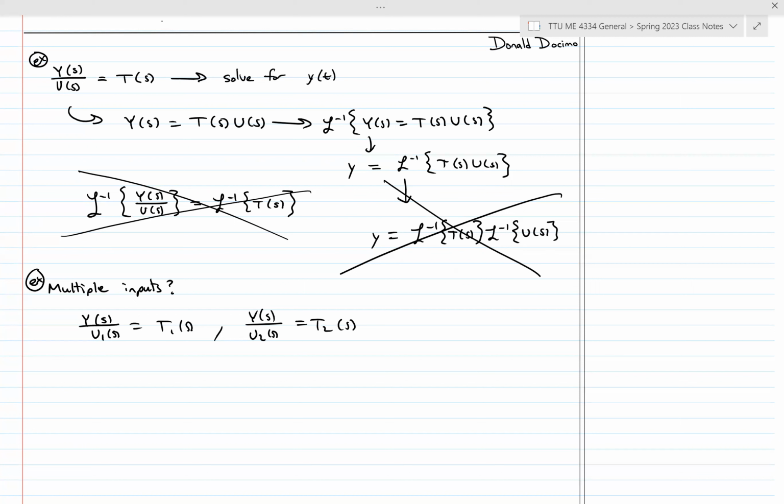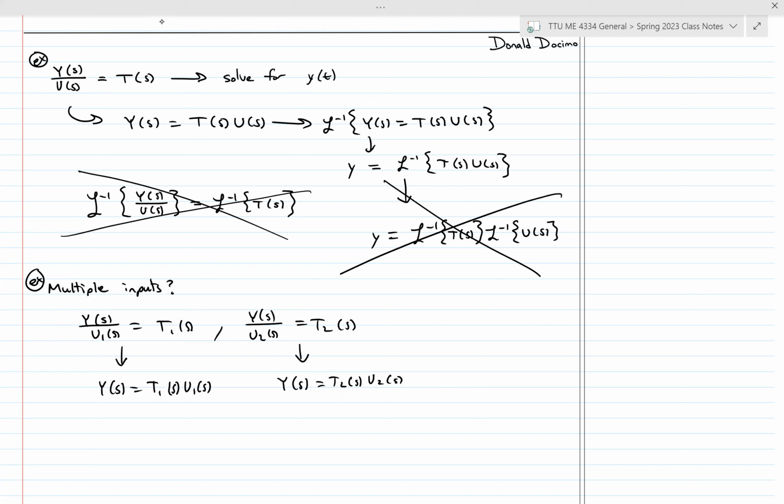Okay, so solve for y of s, but which one? So y of s is equal to T1 of s times u1 of s, or is it y of s is T2 of s, u2 of s? These need to be the same thing. Yeah, but u1 and u2 are, I just said, known, and T1 and T2 are known.